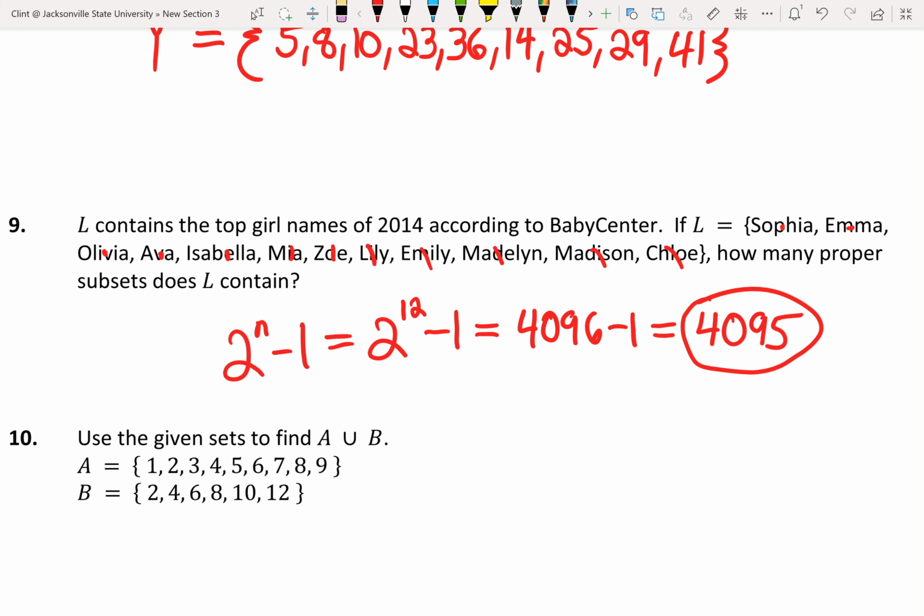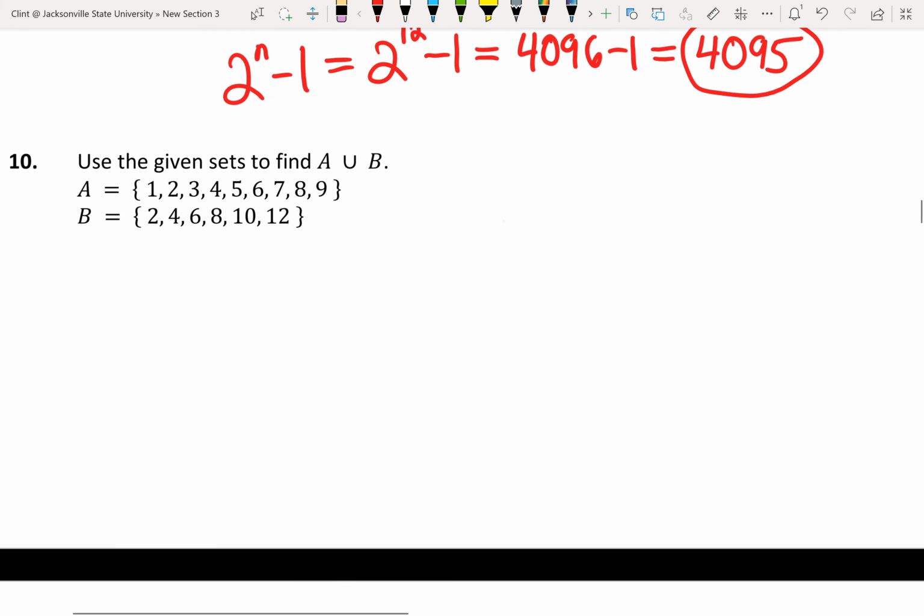All right. Number 10 says use the given sets to find A union B. Okay, so if we're finding A union B, what's that set going to be? Well, if we have a union, then an element is going to be in the union if it's in either one of the sets or both. Okay, so 1 is in A, so it's going to be in the union. 2 is in both, so it's in the union.